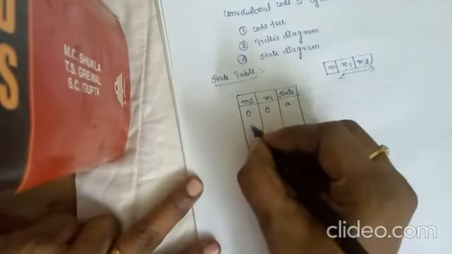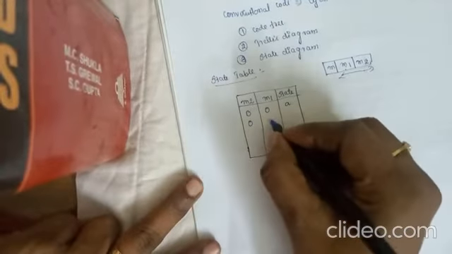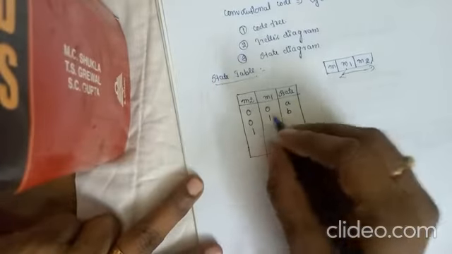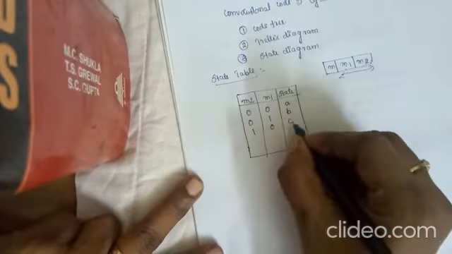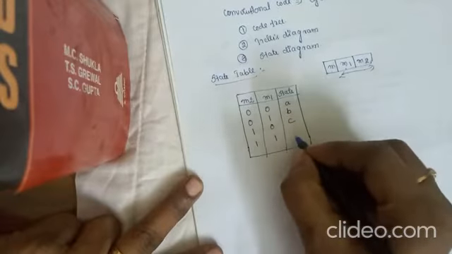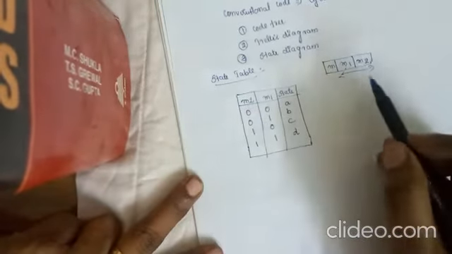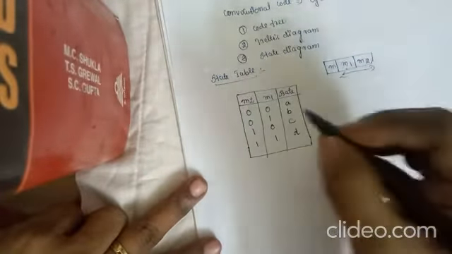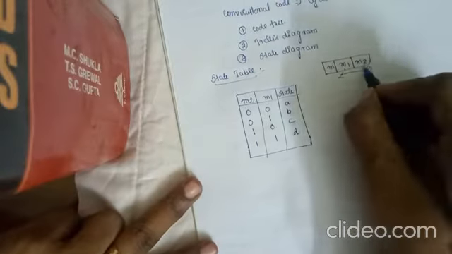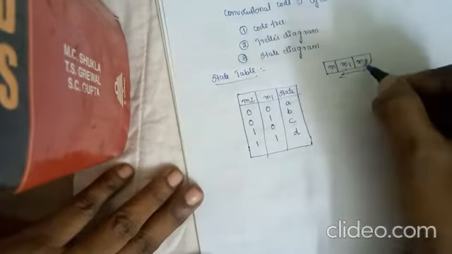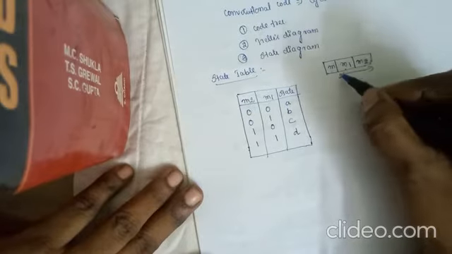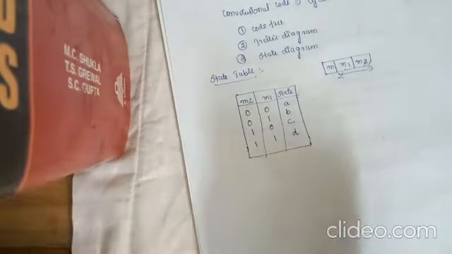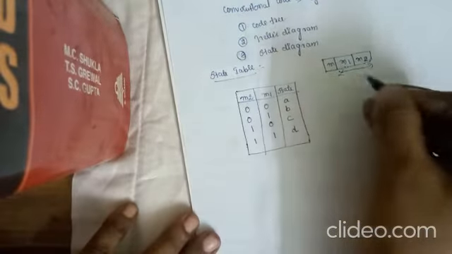And if M2, M1 is 0, 1, it will be in the B state. If the value of M2 is 1 and M1 is 0, it is C, and if the bits in M2 and M1 are 1, 1, then it is called the D state. So this state table represents the value which is being shifted after entering the input message, based on the M2 and M1 values. So this is the state table.